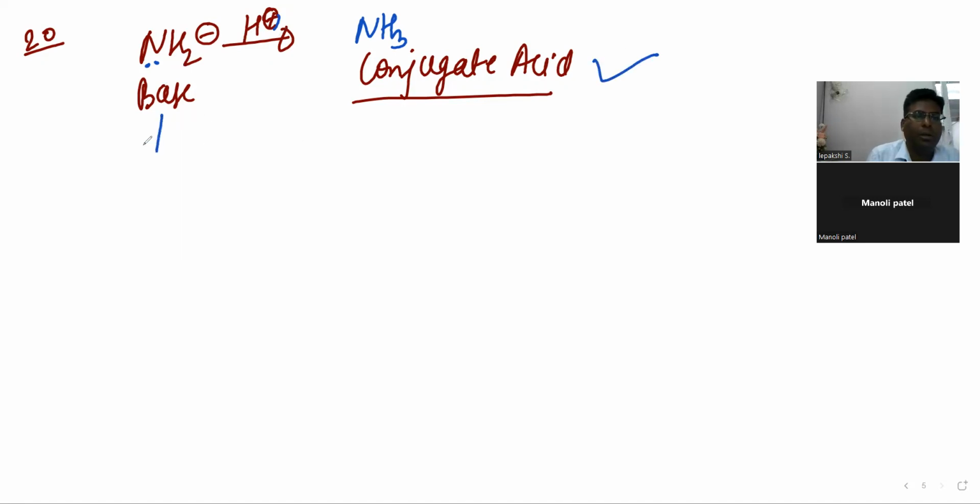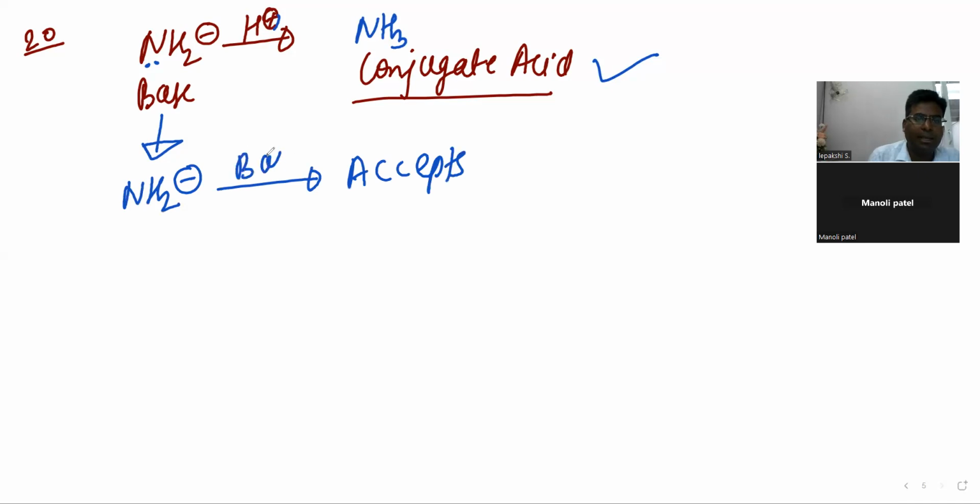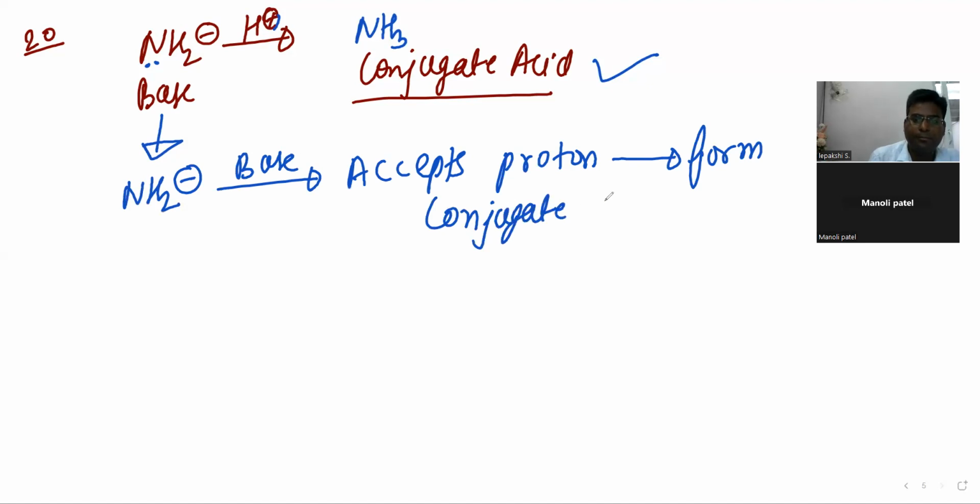Now see more explanation about it. NH2 minus is a base, right? So what does it do? As it is a base, it accepts a proton, and it will form the conjugate acid.